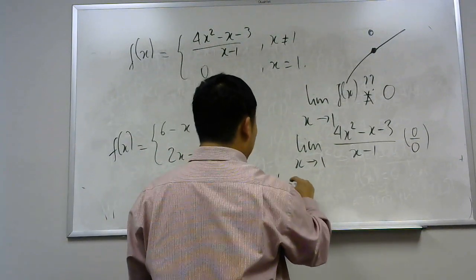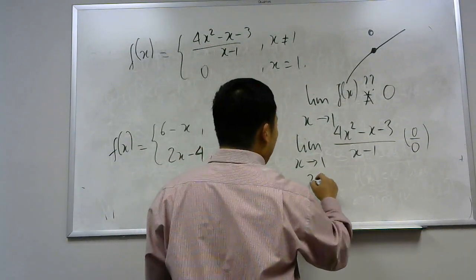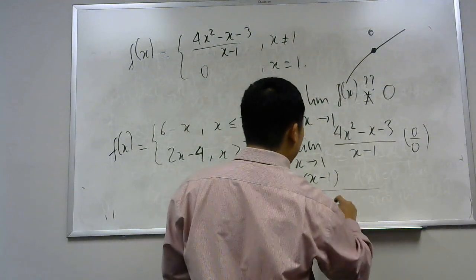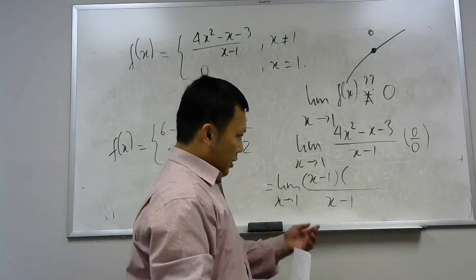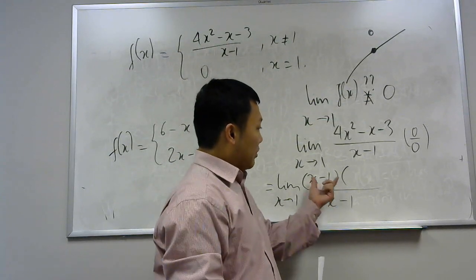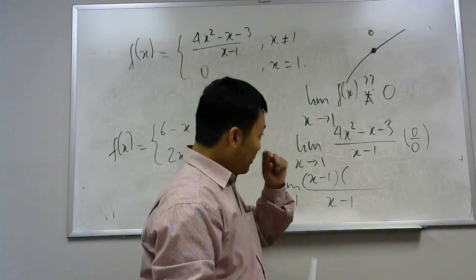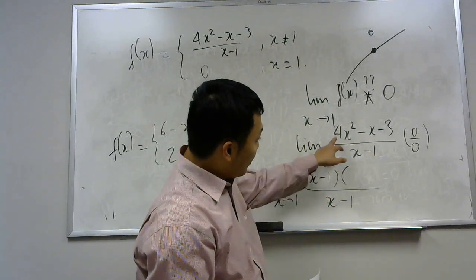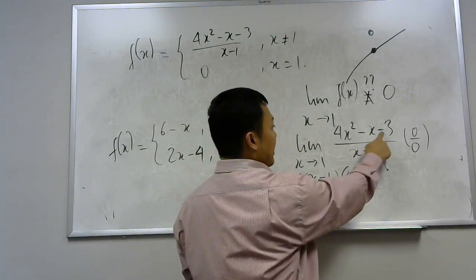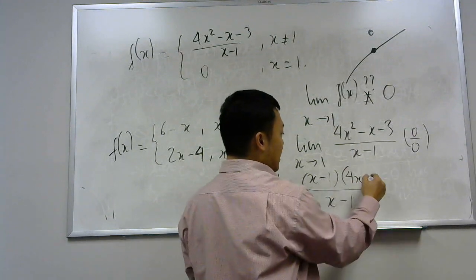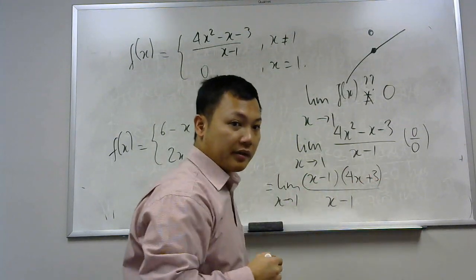You get the limit of (x minus 1)(...) over x minus 1 when x goes to 1. So we factor by x minus 1, right? Because x goes to 1. And then here we have x, but here you have 4x squared, means here you need 4x. Here you get -3. Here you have -1. That means here we have +3, right?